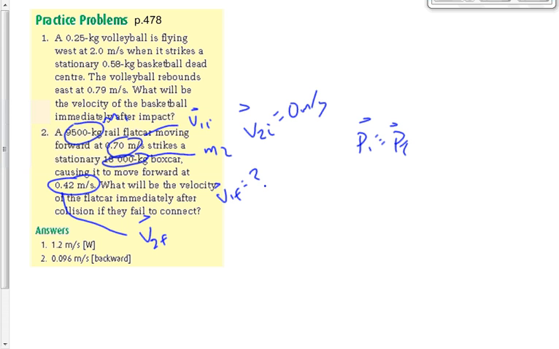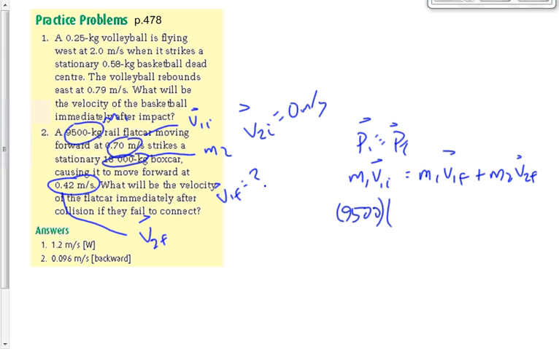PI equals PF. We said a few minutes ago, M1, V1 initial. You know what? I'm going to leave that term out this time. Up till now, I've been crossing it off because V2I is 0. But if V2I is 0, I don't even have to put that term in if I don't want to. M1, V1F plus M2, V2F. I got to put both of these in there. M1 is 9,500 kilograms.